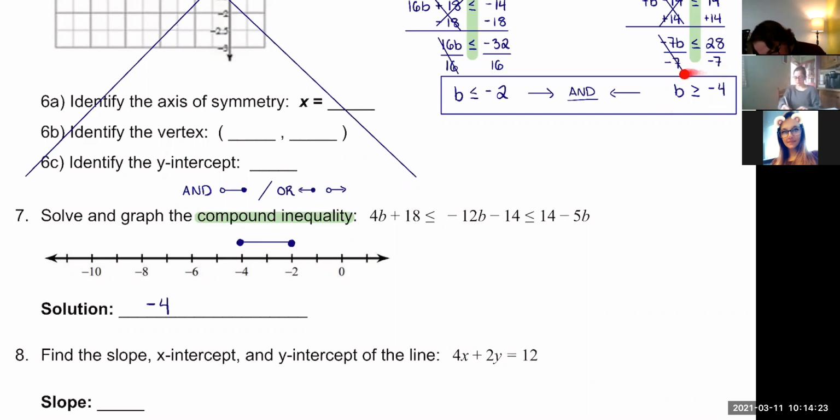So if I'm looking where the negative 4 was, I need to flip this one around so that it's still pointing at the negative 4. When I put my b, and then I bring in the second half that says that b is also less than or equal to negative 2.